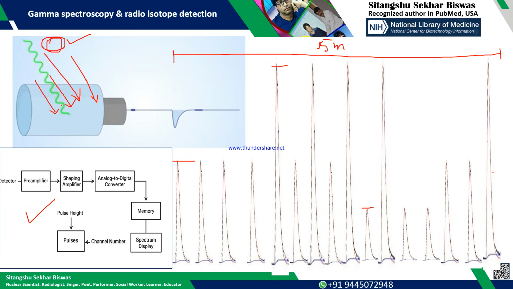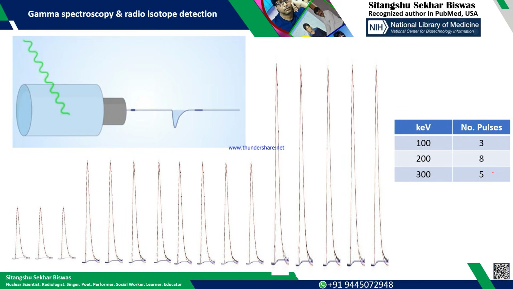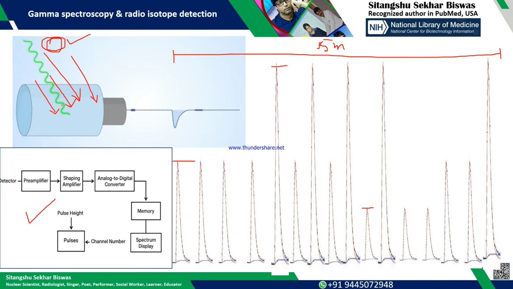Now what will the multi-channel analyzer do? If I post process this random pulse data in a specific fashion, then what will come?